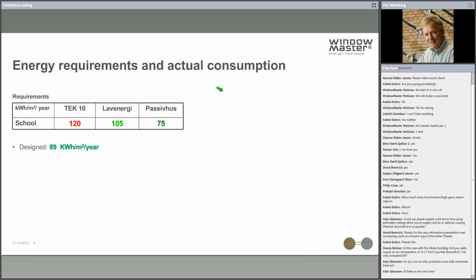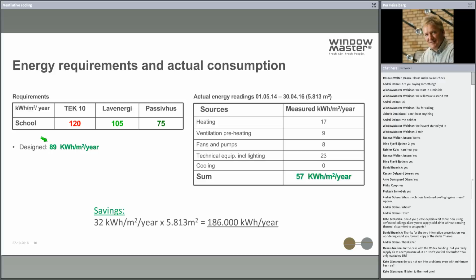If we look at the energy requirements in Norway, they have different classes: TEK10, low energy, and passive house for a school building. This school building was designed to around 90 kilowatt hours per square meter per year, so that would be in the low energy class. After 2 years, we have taken all the measurements from the heating, the fans, the lighting, etc., and we can see what has actually been used during these 2 years.